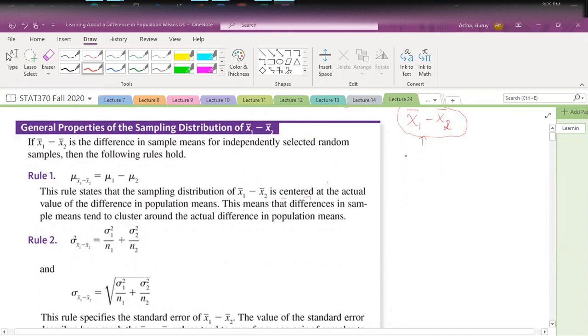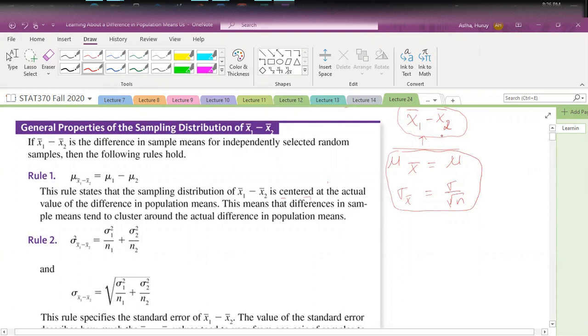And let me remind you, for a single sample, the mean of x bar was mu, the population mean. And the standard deviation of x bar was the standard deviation of the population divided by the square root of n. So these were for a single sample, for a single population.